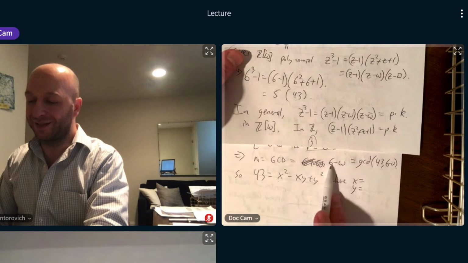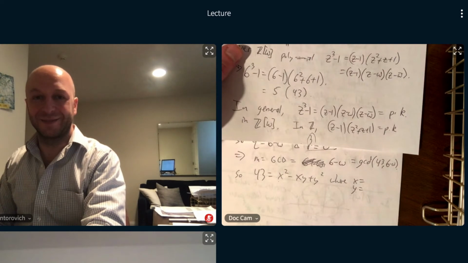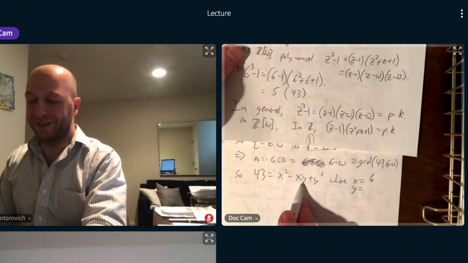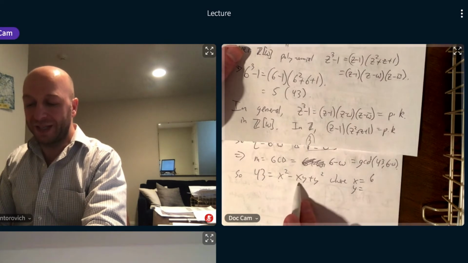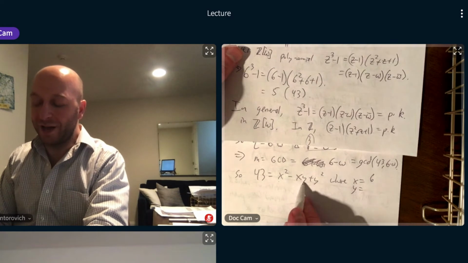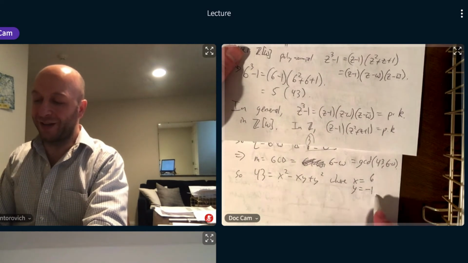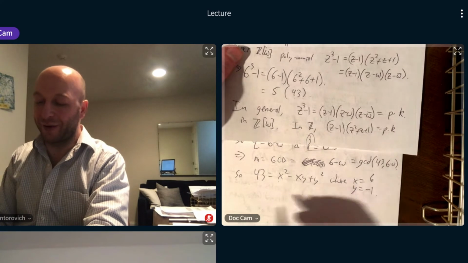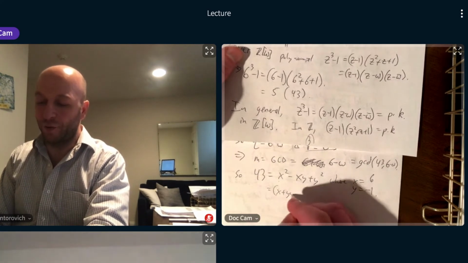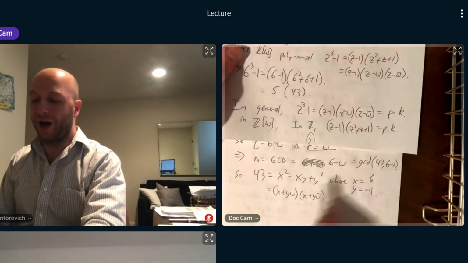What should x be? 6, and y is, so now I have 6 squared minus 6 times something plus something squared. If I put 1, then I get 36 minus 6 plus 1, so I have to put a minus 1 here. If I write this as (x plus y omega) times (x plus y omega bar), then y is negative 1.